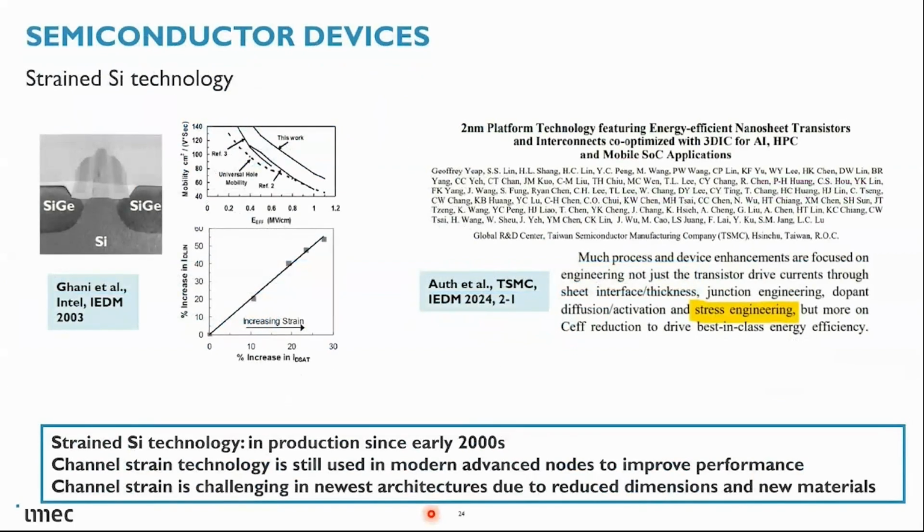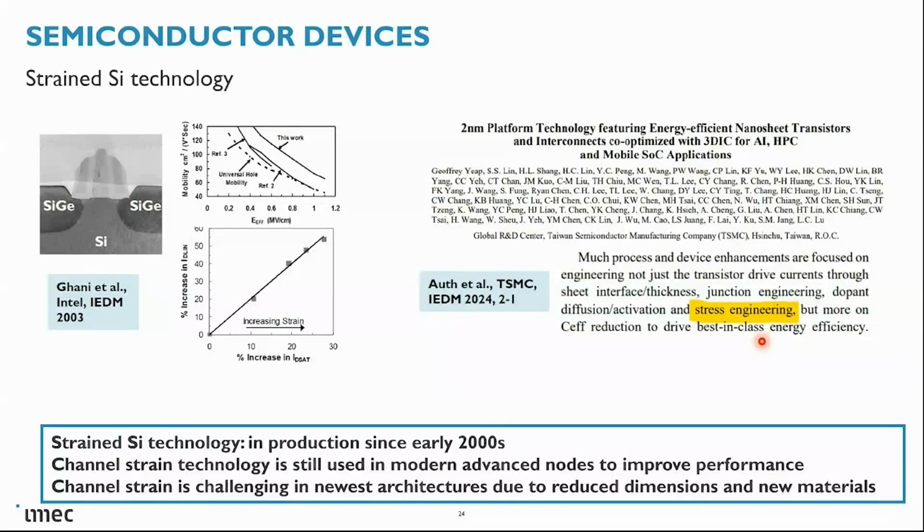So strain was introduced in 2000, and here you can see a paper published in 2003 by Intel, but it's still a technology that is used in modern advanced nodes. For example, here you see a paper published by TSMC in 2024, where they use a 2-nanometer platform technology, and still stress engineering is used.